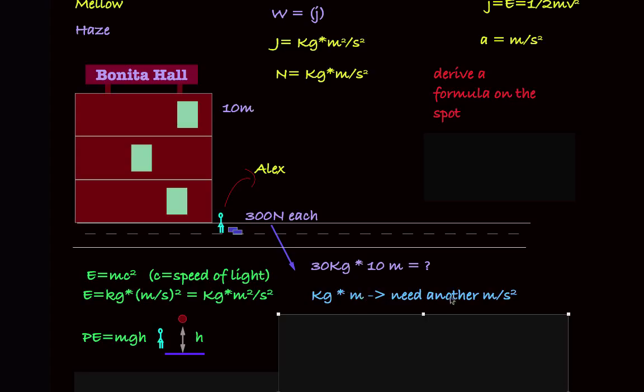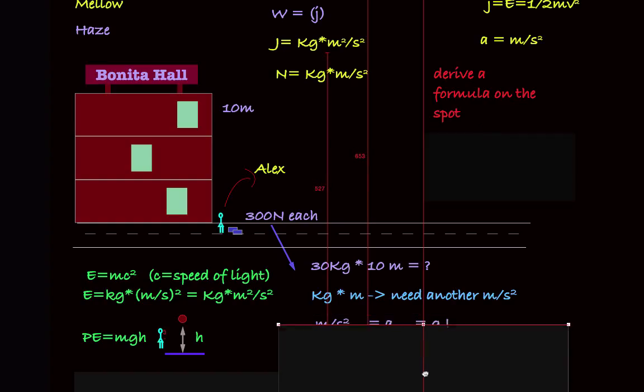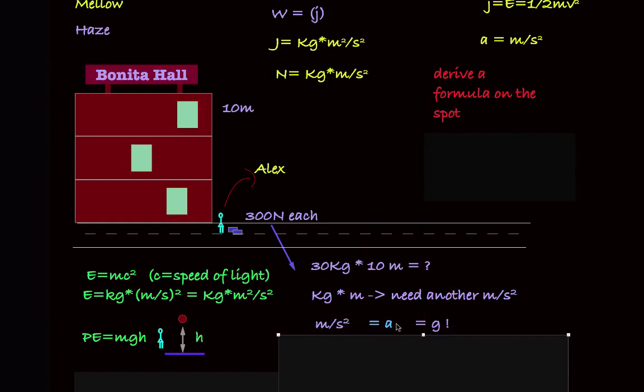And what we basically need is another meters per second squared in order to get the magic units that we're looking for. And so then that allows us to look at meters per second squared and say, okay, that's an acceleration. And hopefully that jogs our memory to say, okay, well, gravity is an acceleration, and it makes sense that Alex would have to fight gravity, the force of gravity, in order to get her suitcases up to her room.